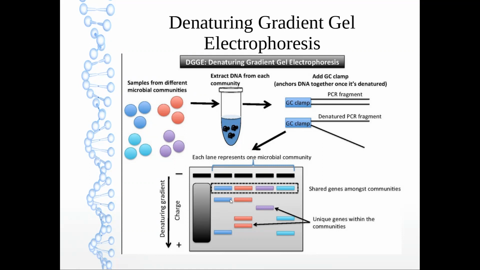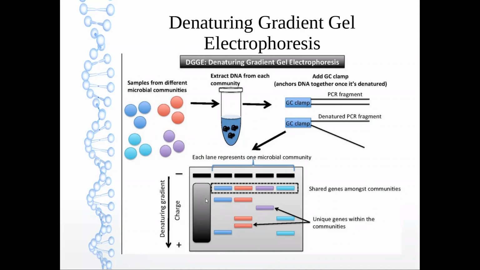So you add an additional dimension to your electrophoresis setup, such that when your PCR gene fragments are denatured, you have this movement, so you can separate out the unique genes in the communities. How does that work? Basically, you are immobilizing the genes that are common by clamping them.